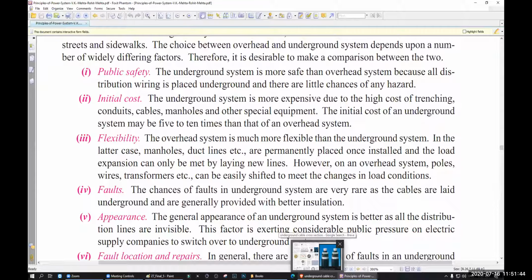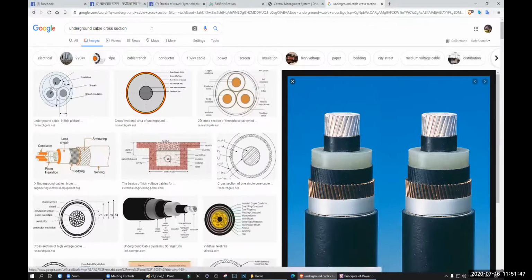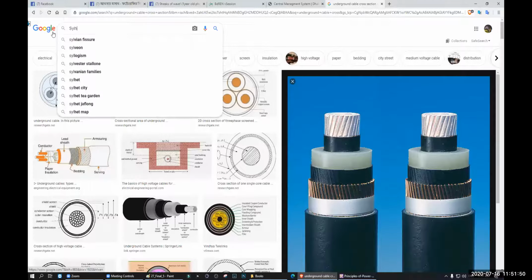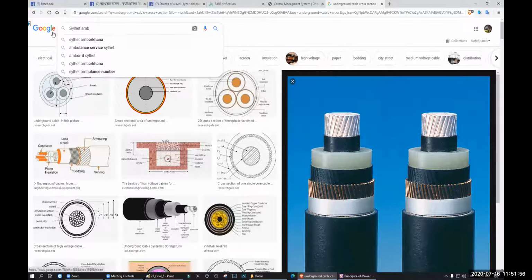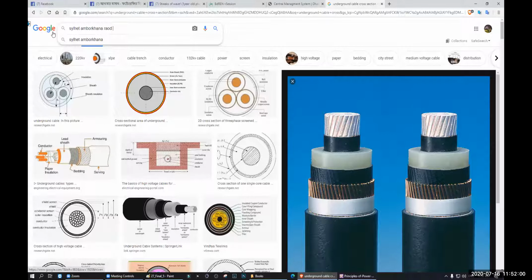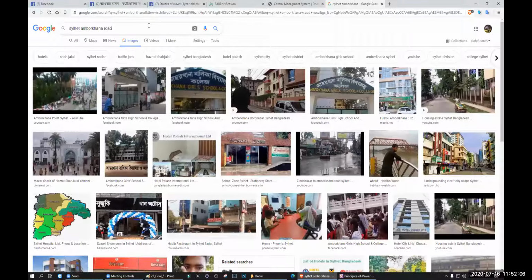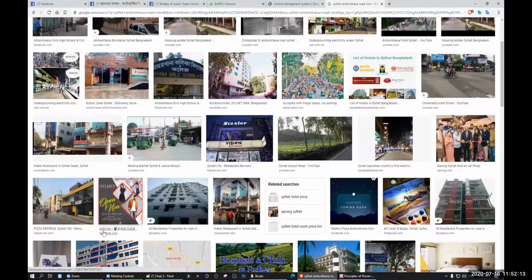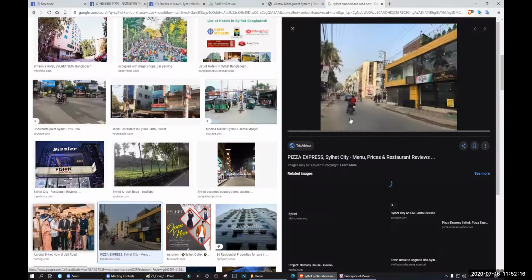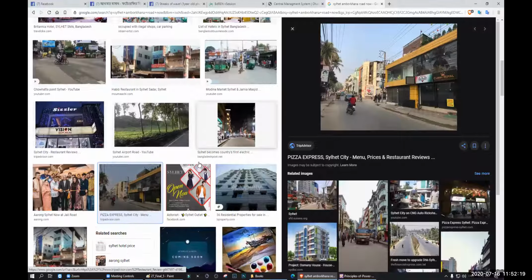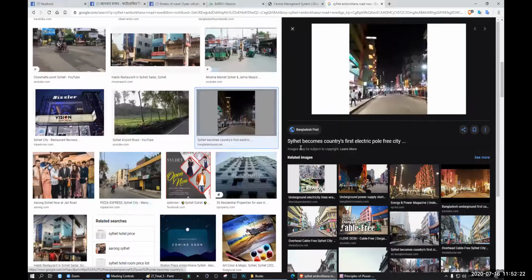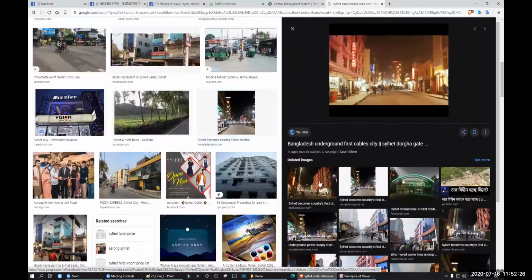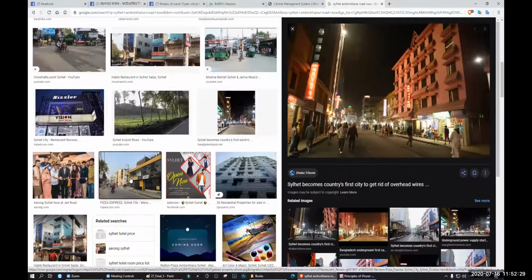Okay, let me show you something. This was the road.